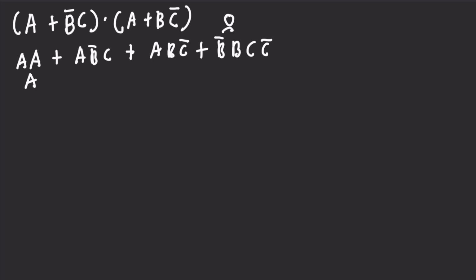And then our C naught times C is also 0. So this term will actually just go away. And then we'll have an A, B naught C plus an A, B, C naught.